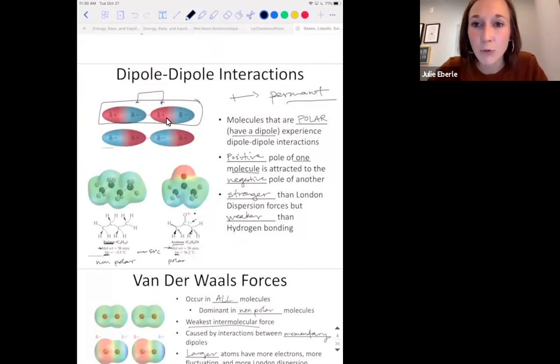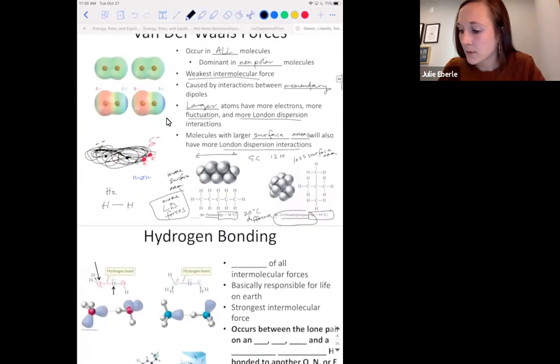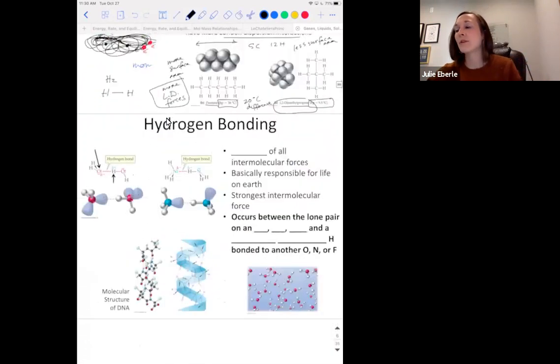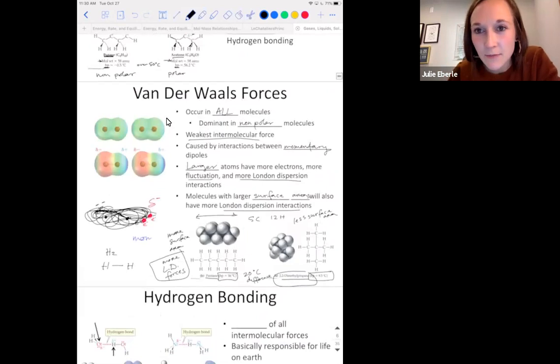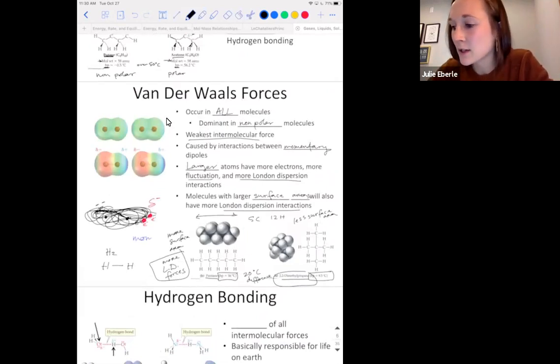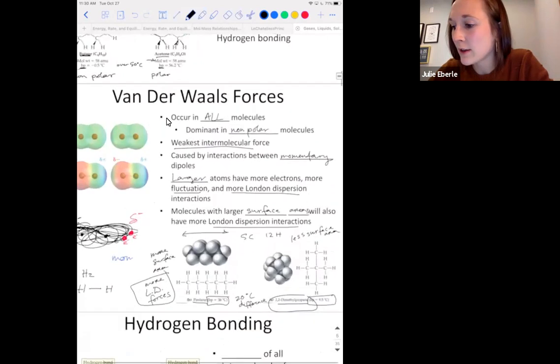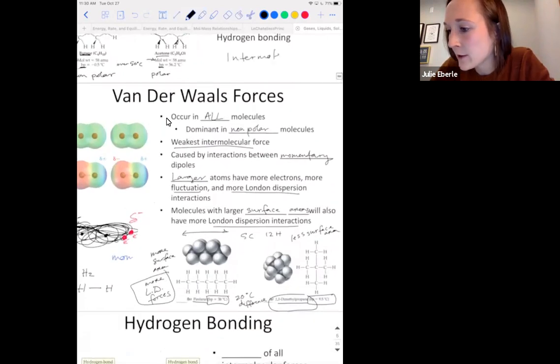That substance would. Okay, let's talk about the last type of intermolecular interaction. Can I say that again? The more interactions, the more intermolecular forces. By the way, I'm just going to call these IMFs, intermolecular forces.